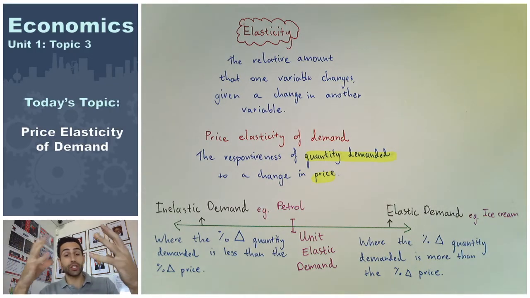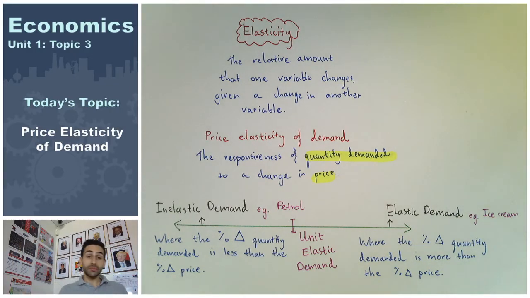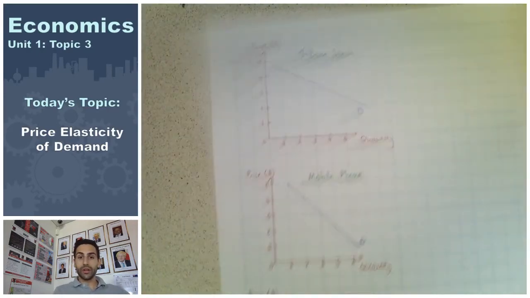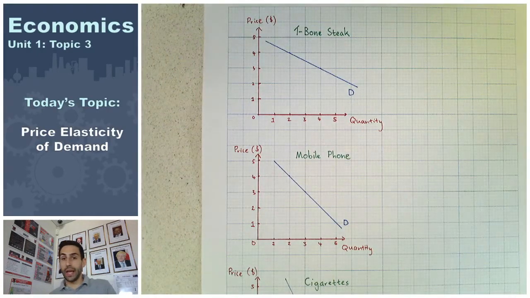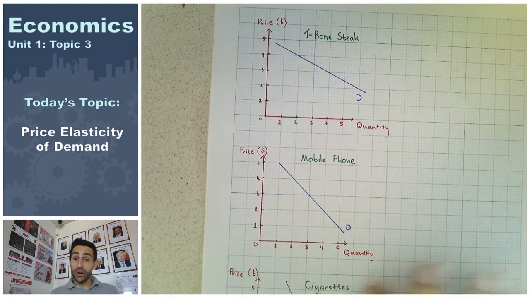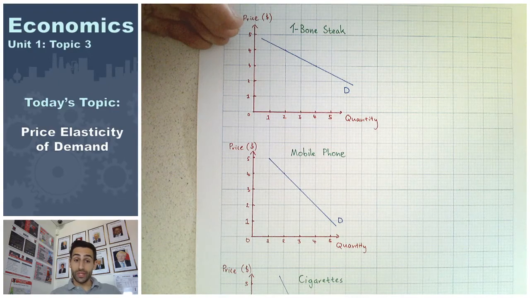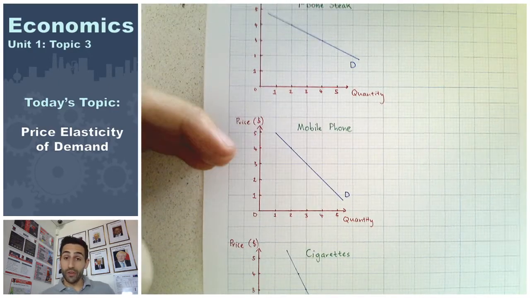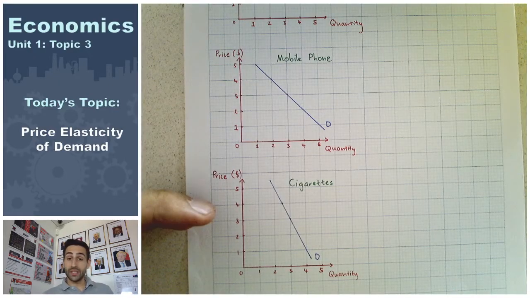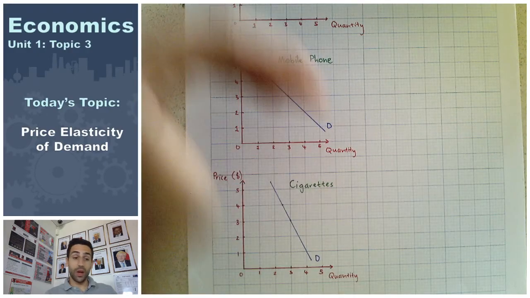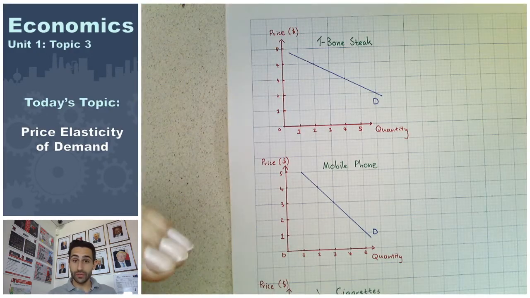We can actually use numbers to work this out. To do that, we're going to look at a few demand curves. I've just drawn up a few in preparation for this video. We've got 3 scenarios: the demand for T-bone steaks, the demand for mobile phones, and the demand for cigarettes, each with their own downward sloping demand curve.